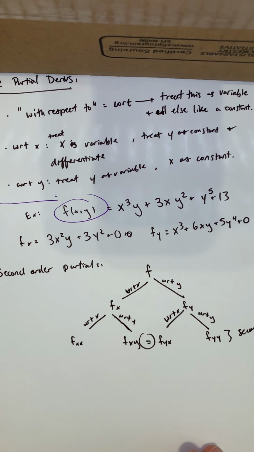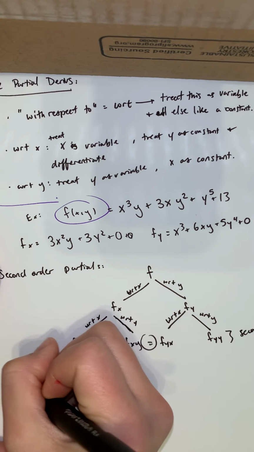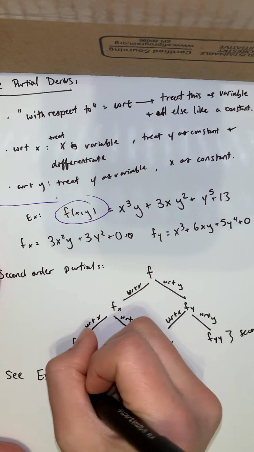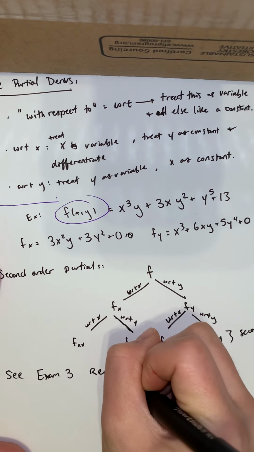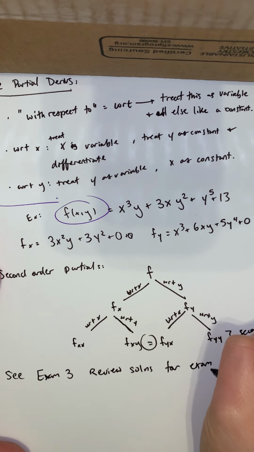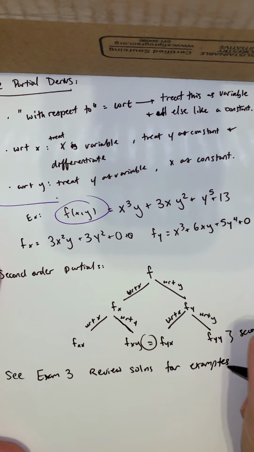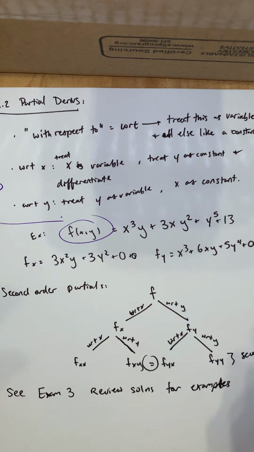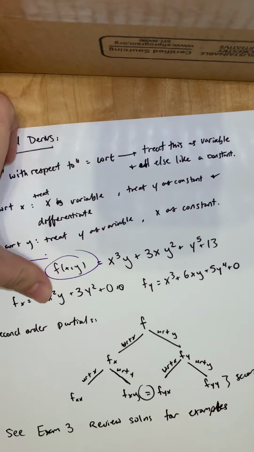So yeah, I will let you guys look at the exam 3 review solutions for an example of this specific problem type, because you'll see in a second that I have to do one of these for exam 3 as well. All right.